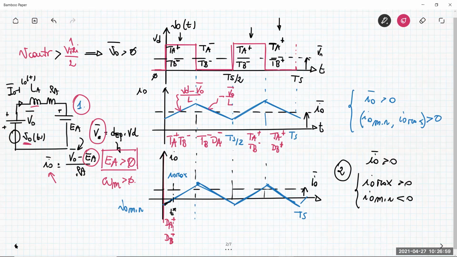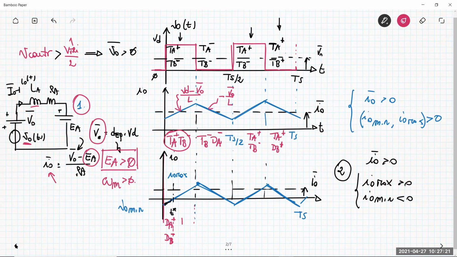What happens from T star to T switch divided by 4, which is the first interval here? TA plus and TB minus are on, the current is positive, so we have exactly the same behavior that we studied in the situation number 1.